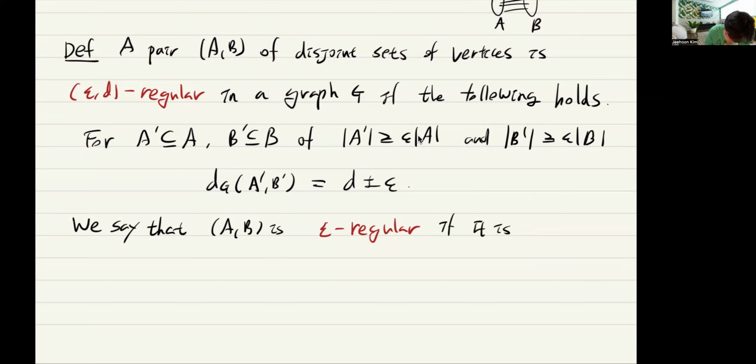It is epsilon-d regular for some real number.